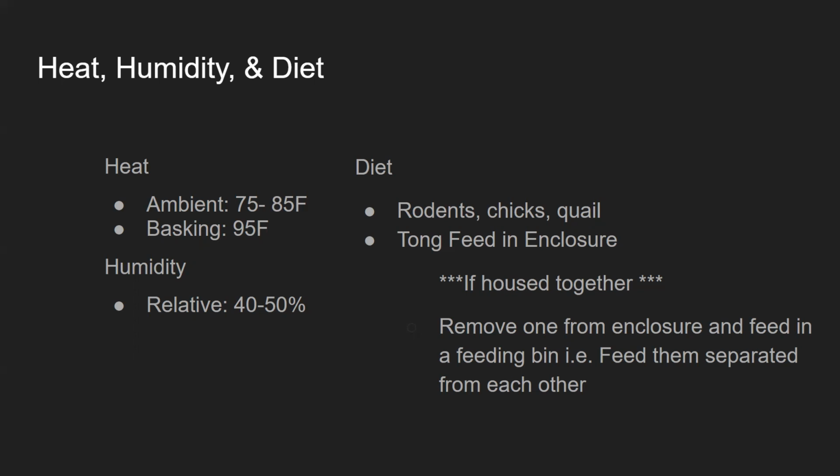If you're housing someone together, we don't want to feed them both in the same enclosure. So make sure you remove somebody. They're going to go into a feeding tub. We'll show you this. You should get trained on this. You put somebody in a feeding tub, you feed one in the tub, feed one in the enclosure. No one starts trying to eat the other or fights over food. Everybody's safe. So make sure if you house them together, you separate during feeding time.